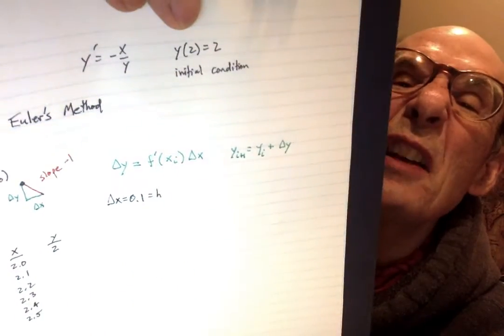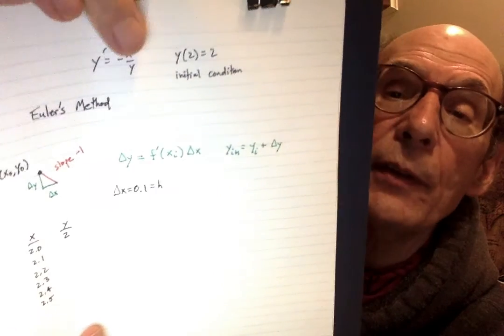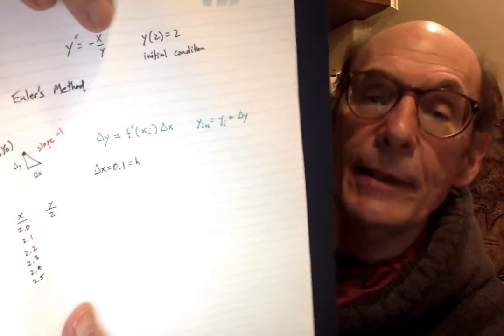We're going to take the derivative of y, and that is easier than it sounds because we have a formula for the derivative: minus x over y. In this case, it's not a lot of complicated algebra. This is more a matter of bookkeeping, organization, patience and accuracy than there's concept behind it.